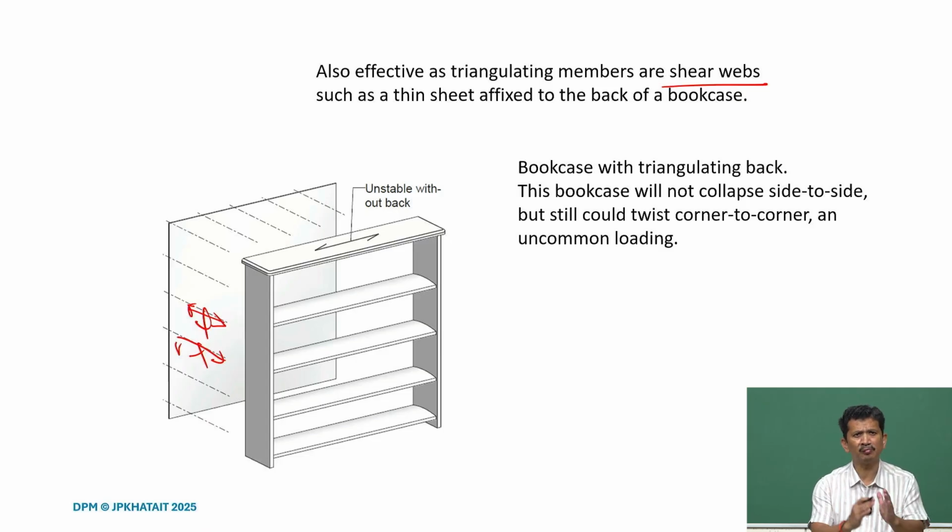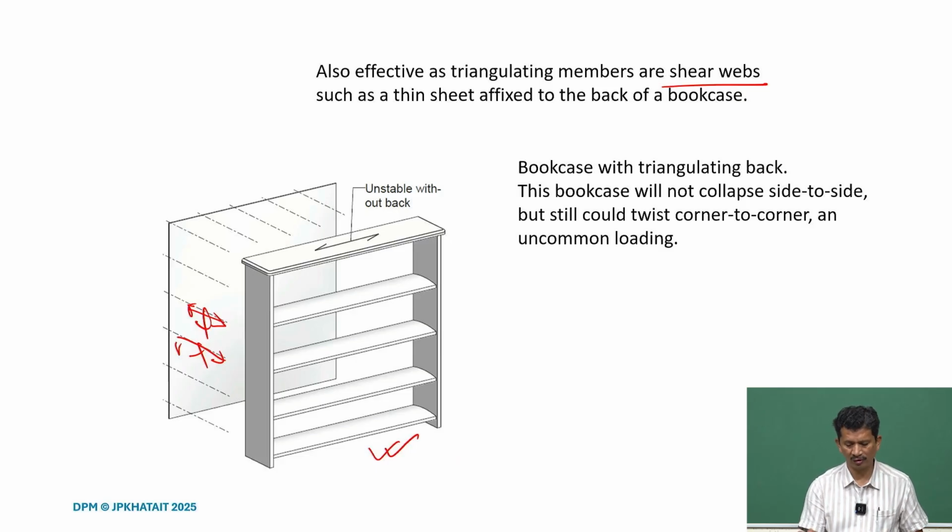It should not be simply placed at the back of the rack. If it is just placed at the back of the rack, it will not constrain, and therefore it is not part of that structure. So, for it to work efficiently, it should be part of this frame and properly secured.